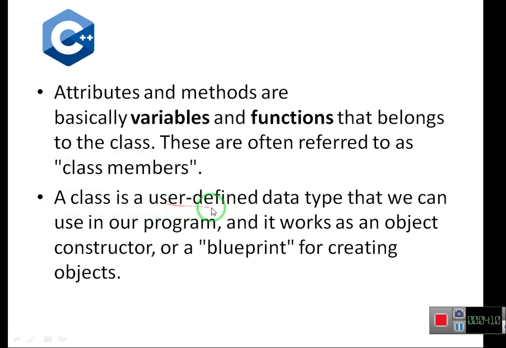A class is a user defined data type that we can use in our program, and it works as an object. That object has what? Attributes and methods. Constructors are a blueprint for creating objects. Clear? You will learn what constructors and blueprints are. Blueprint means exact copy.